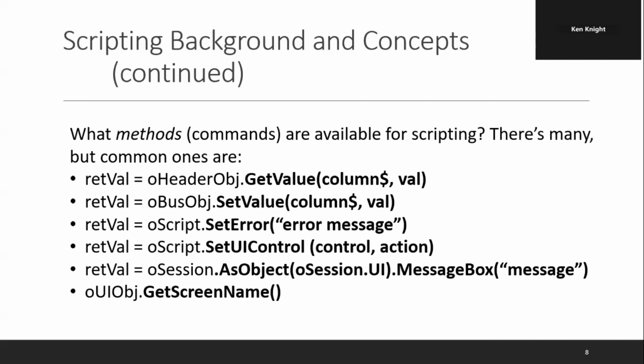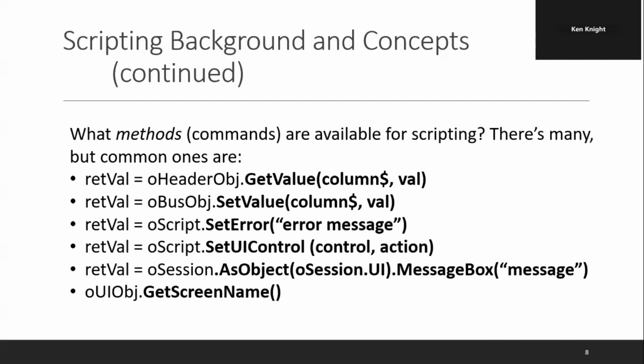But the problem was when you enter an invoice, it also updates the sales order, and the script was firing at that time as well. So I added a statement where I used the oUIObj GetScreenName and told the script to only fire if the screen name was SO entry. And that's it. It was great. The script worked fine. When they were in invoice data entry, the script didn't fire because that wasn't the right screen name.